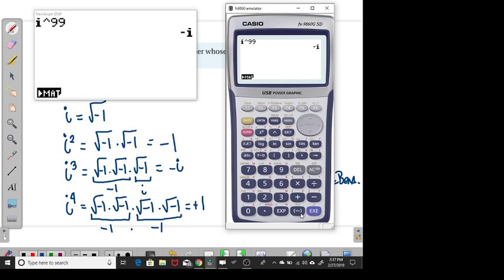Because the only values that you can get are 1, -1, -i, and i. Those are the only possible values. There are only 4 answers.